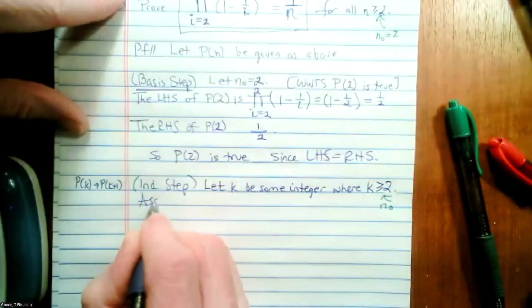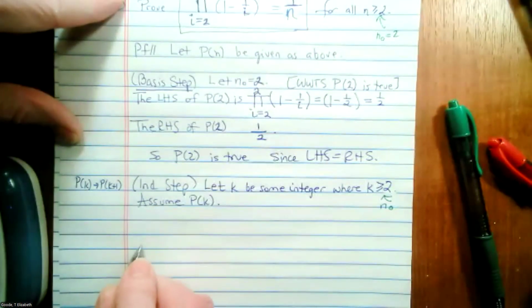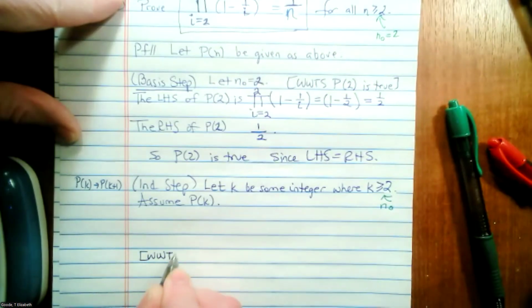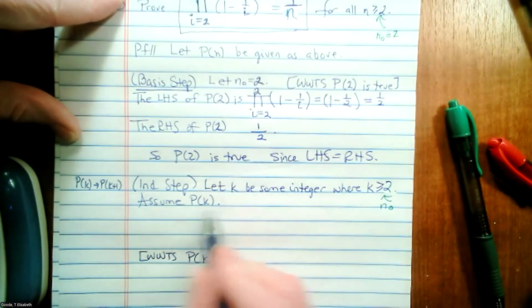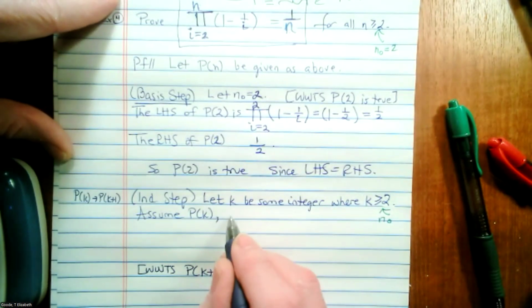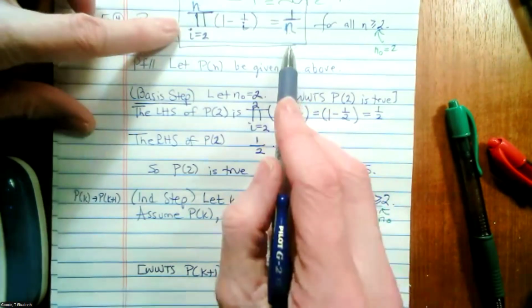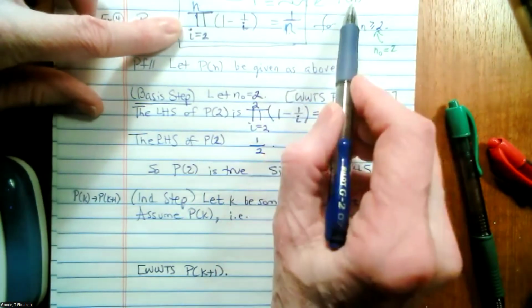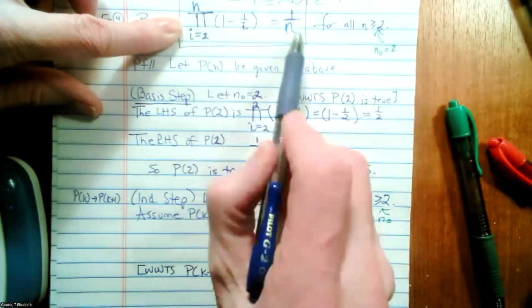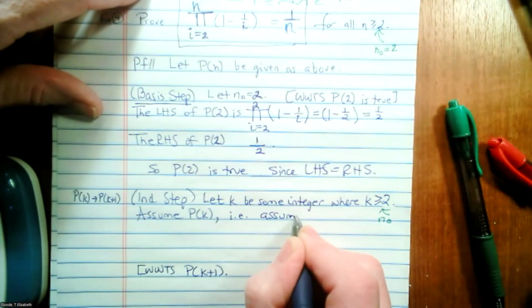We assume P of K. And then in a minute, we wish to show P of K plus 1, okay? But let's go ahead and write down P of K, because we really need to know what it is we have in our hand. So can you read what this would be if instead of an n, there would be a K where the n is? Yes. Okay.